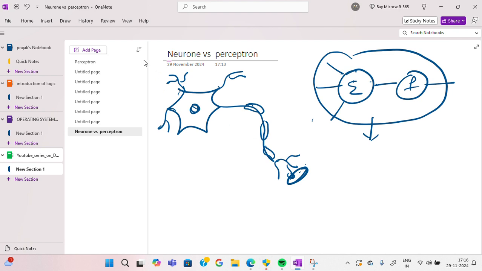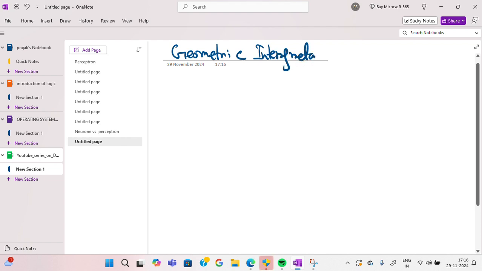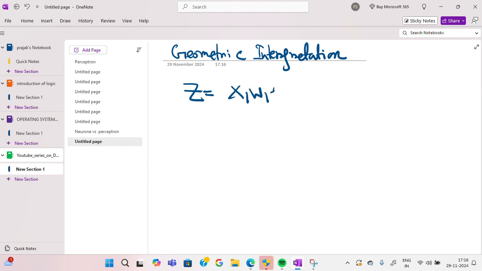Let's come to another page, and it's all about the geometric interpretation. The geometric interpretation of the perceptron is that we already saw z is equal to x1 w1 plus x2 w2, and so on, xn wn plus b.